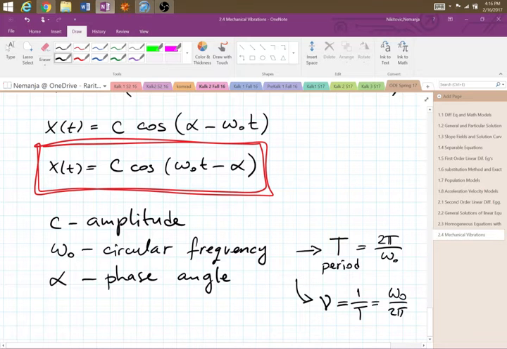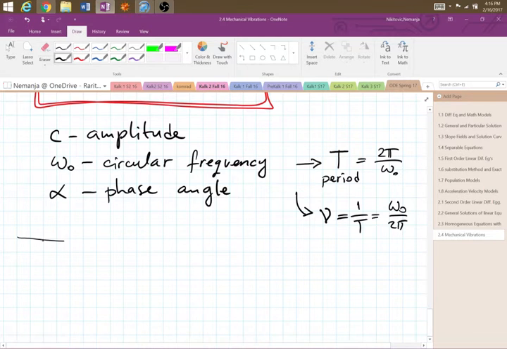So now, guys, one more thing to cover. This is just a classification for 3 possible cases when you do the damped motion, right?